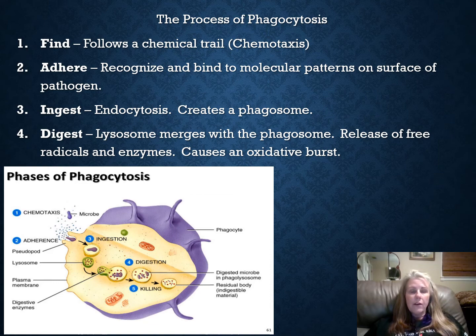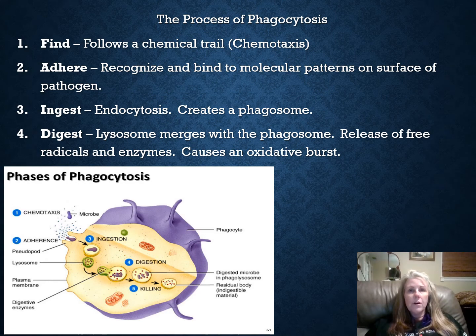Free radicals are types of toxic oxygen, and the enzymes help break it down. The result is that the bacteria gets broken down into tiny pieces, and therefore that cell is killed. So that's how we say it digests it. It breaks that bacteria down into smaller pieces and therefore kills it.